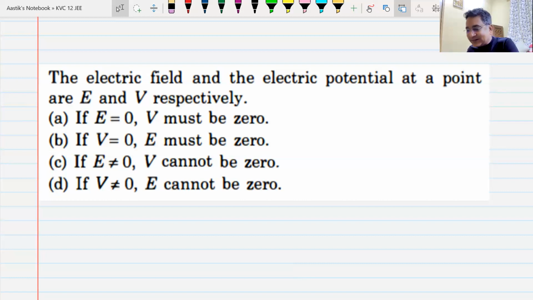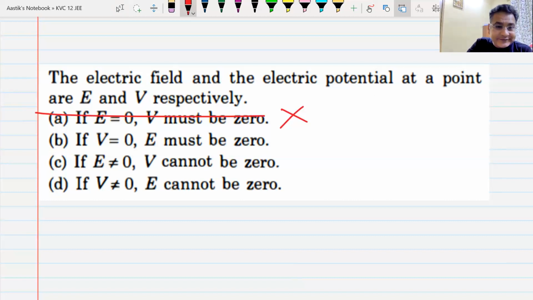Let us discuss the first point. If E is 0, V must be 0. Is that so? No, we just saw the case where E was 0, but V was not 0. So this option is definitely wrong. We move on to the second one. If V is 0, E must be 0.